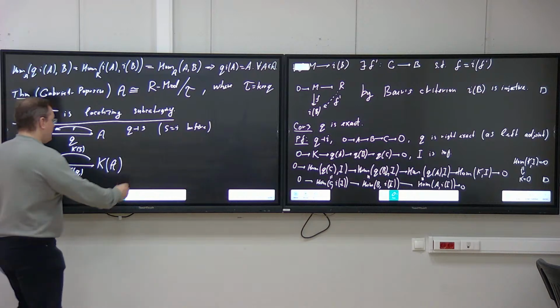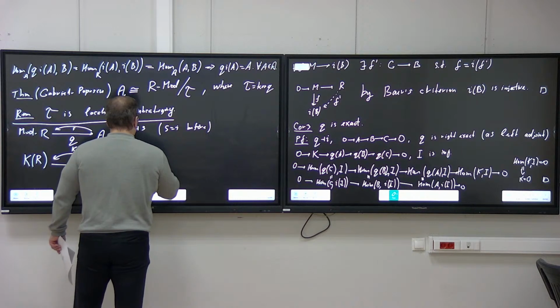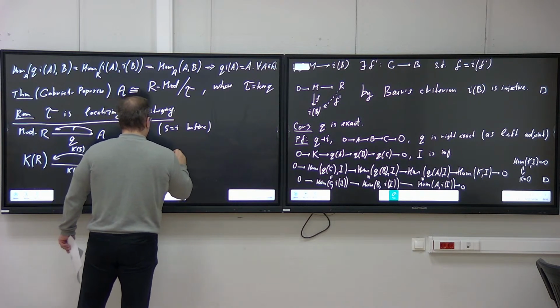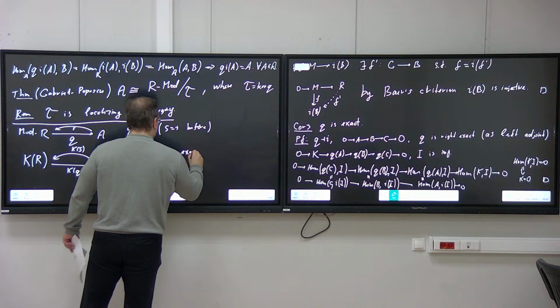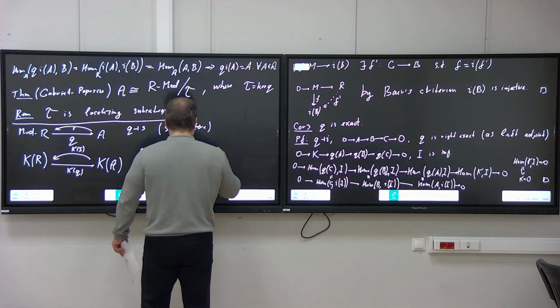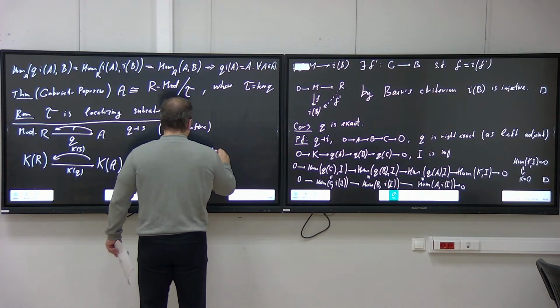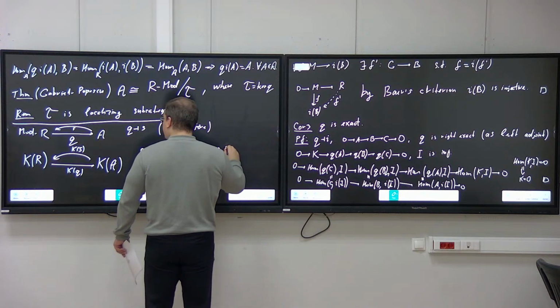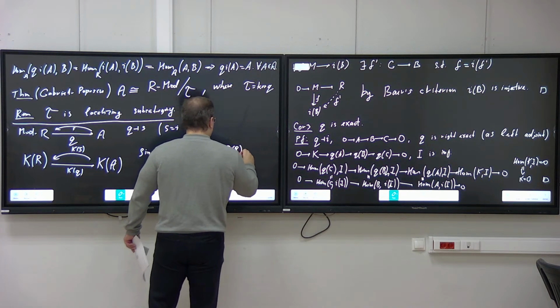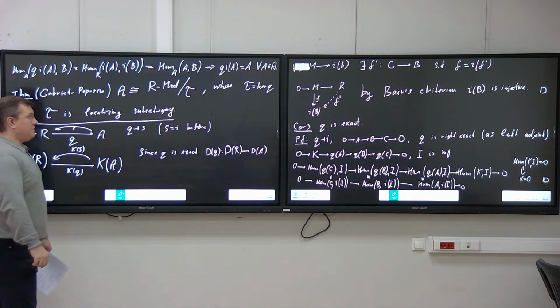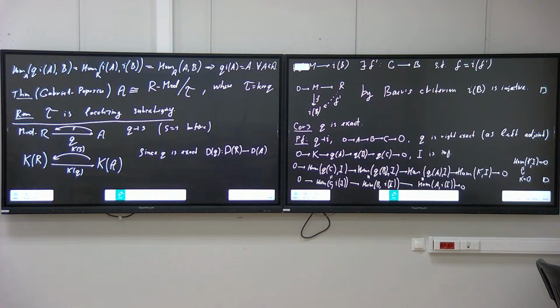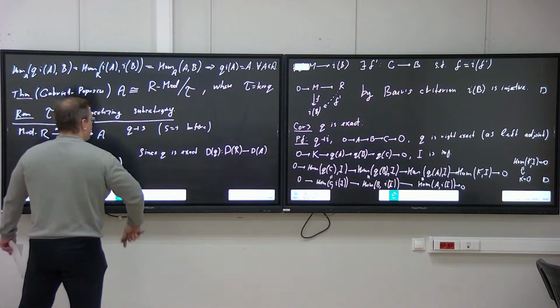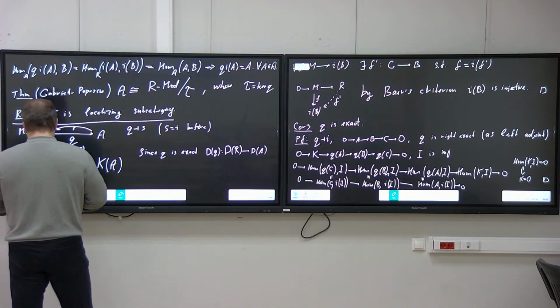Since in our situation Q is exact, we have a functor, which I'm going to call D of Q, from the derived category of the ring to the derived category of the category A. This D of Q is the same thing as the left derived functor, or the right derived functor, of Q. For an exact functor, this is just the same. I could also just call this functor Q, but to indicate that it acts in the derived category, I call it D of Q.